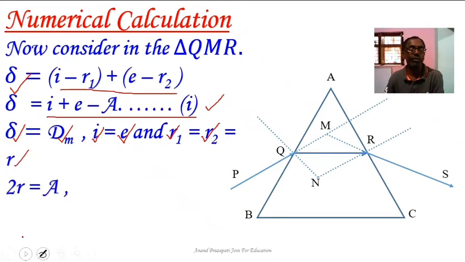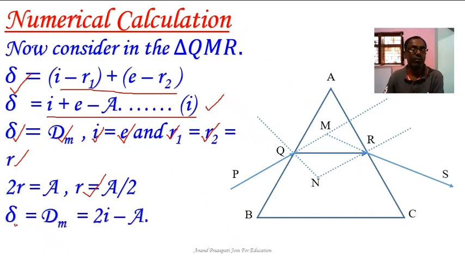So, here 2R, already I have proved A equal to R1 plus R2. The value of R1 is R and the value of R2 is R. Therefore, A equal to R plus R, 2R equal to A. Therefore, R equal to A by 2.